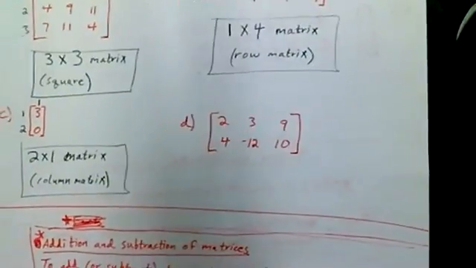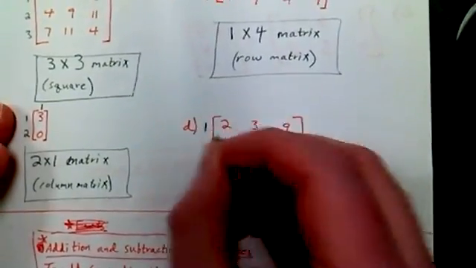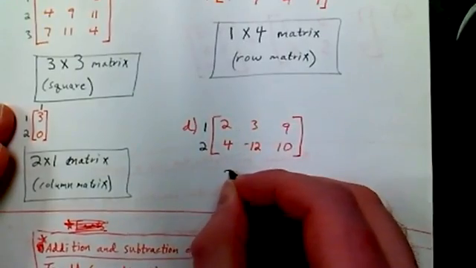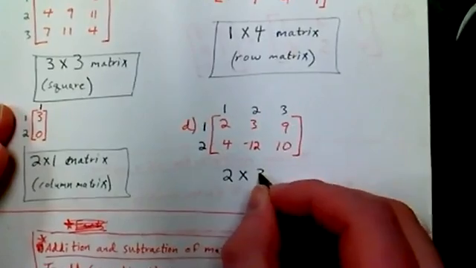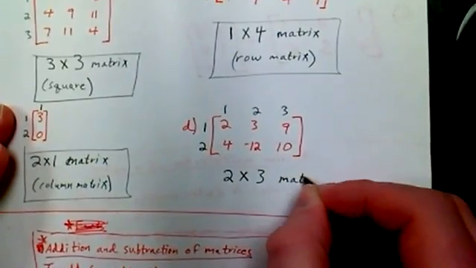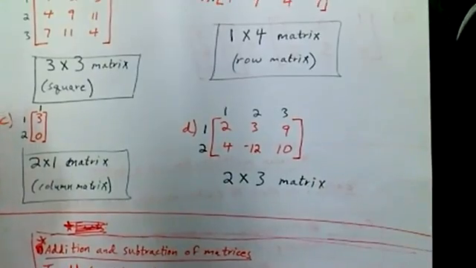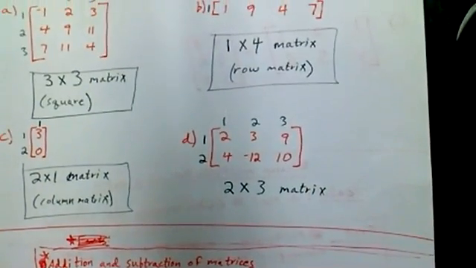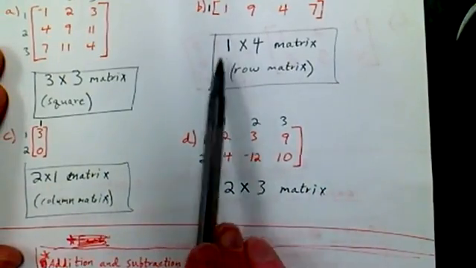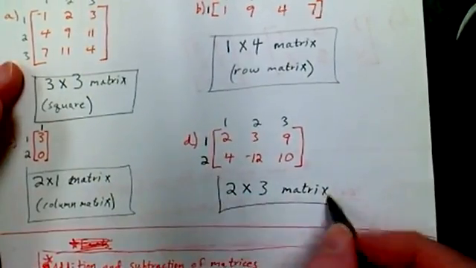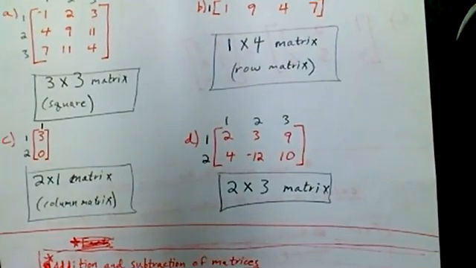And then finally, D right here, I have 1, 2 rows. So it's a 2 by 1, 2, 3 columns. It's a 2 by 3 matrix. It's not a square matrix. It's not a row matrix. It's not a column matrix, right? You only have a row or a column matrix when one of the dimensions is 1. So this is simply just a 2 by 3 matrix.